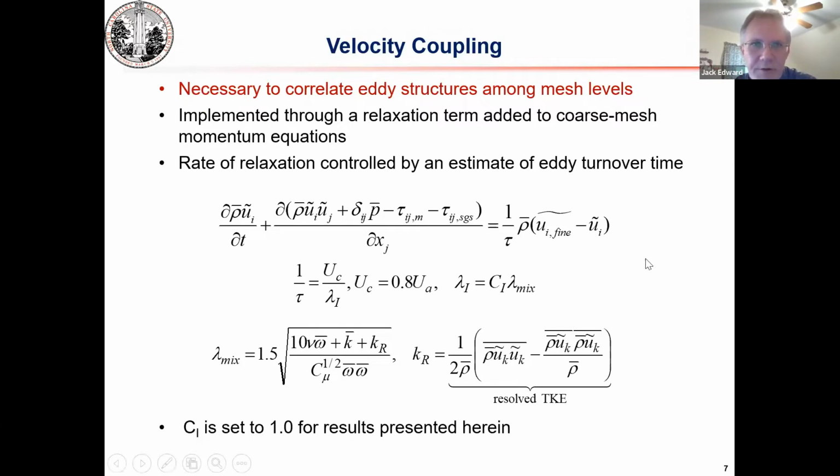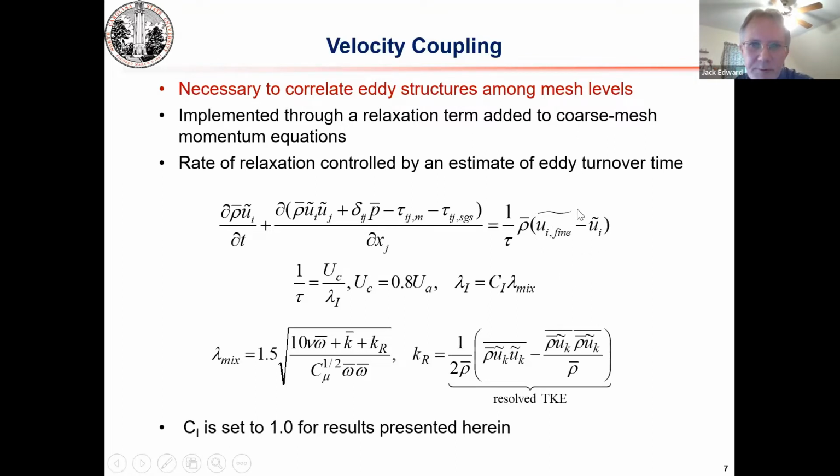But what you have to do with MRAs is correlate eddy structures among the mesh levels. There are probably lots of ways to do this, but what we've done is put a relaxation term onto the coarse mesh momentum term. We have a similar term in the energy equation as a work term. Essentially, you're trying to relax the solution on the coarse mesh to the filtered fine grid velocity field.